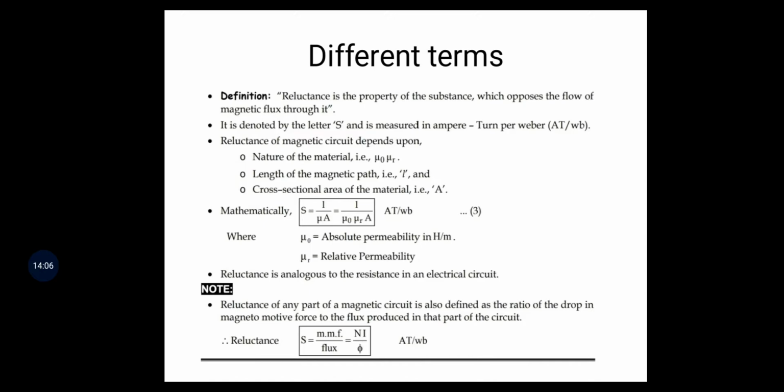Next, reluctance. What is meant by reluctance? Reluctance is the property of the substance which opposes the flow of magnetic flux through it.